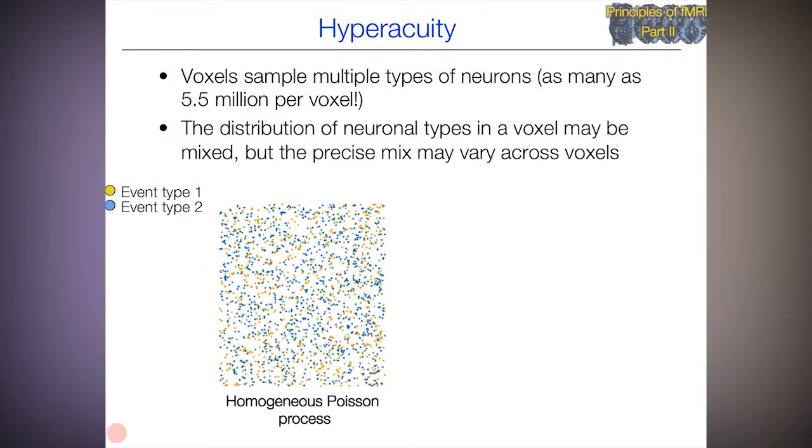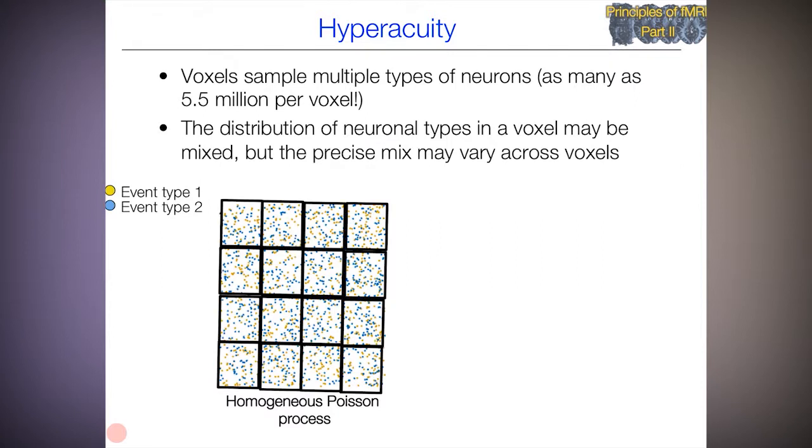This is a homogeneous Poisson process. It represents a random distribution of neurons of two event types, coding for two different properties. If I could measure every neuron, it would be really easy to distinguish when the organism is engaging in event type 1 versus 2: just see which neurons are active.